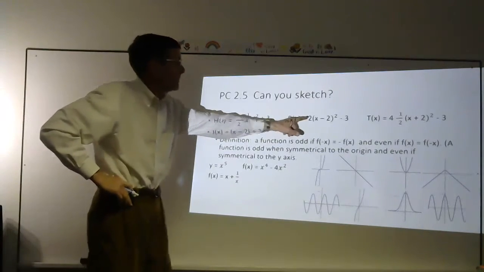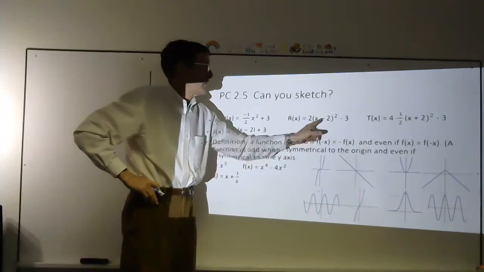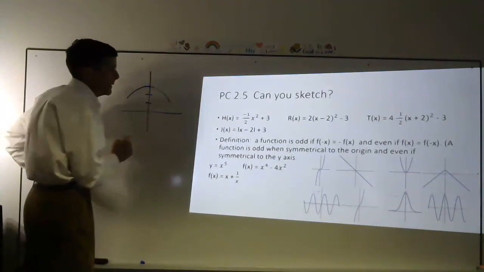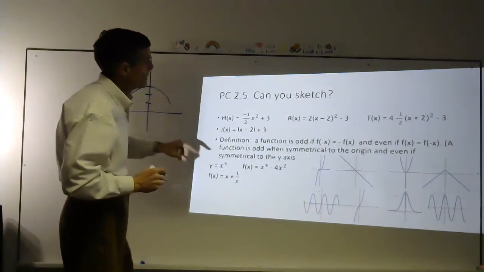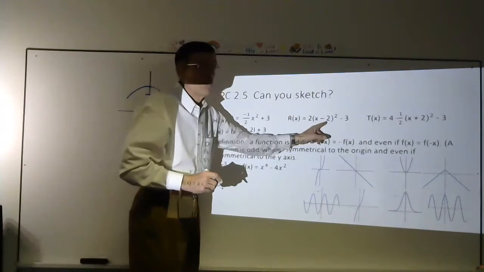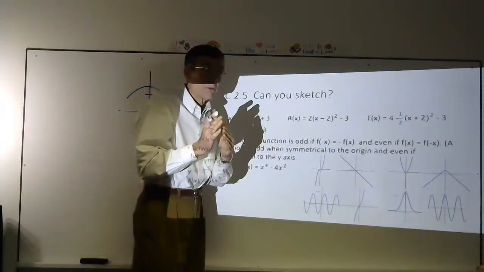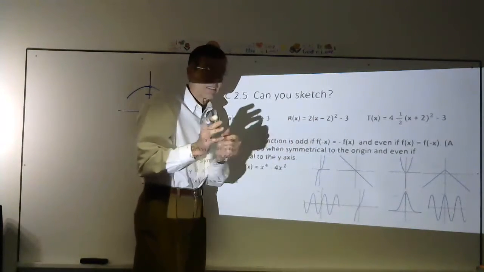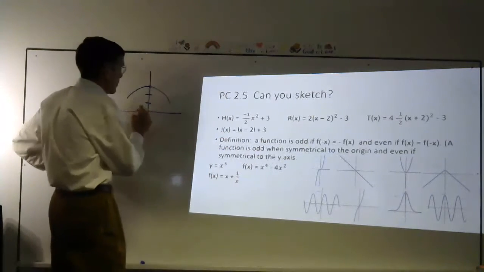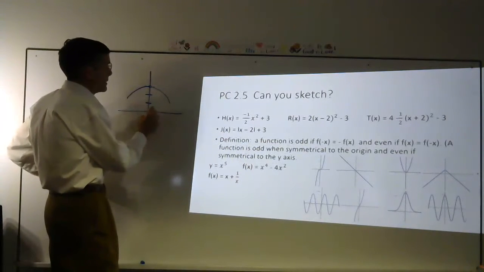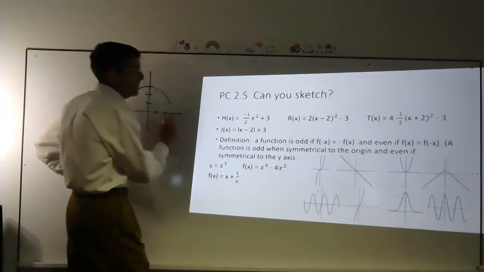How about this one? Still an x squared. Still a parabola. Okay? Maybe I can get it on here. A -2 with the x, if you remember, a -2 with the x moves it to the right 2. So instead of turning around here, it's going to go to the right 2.